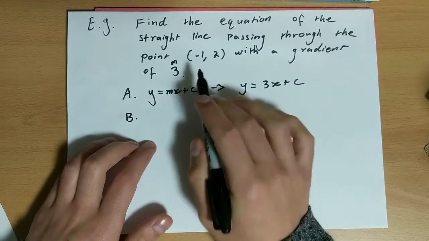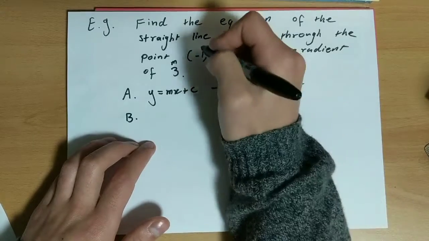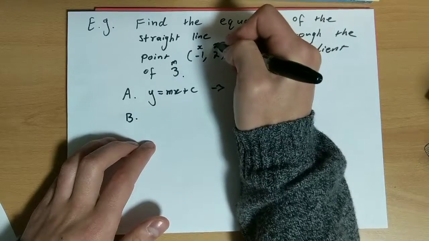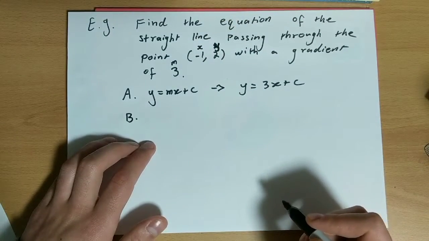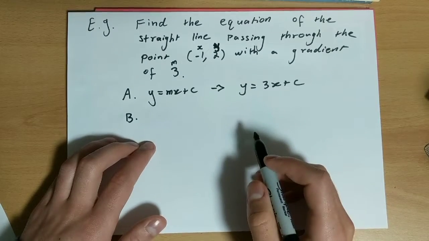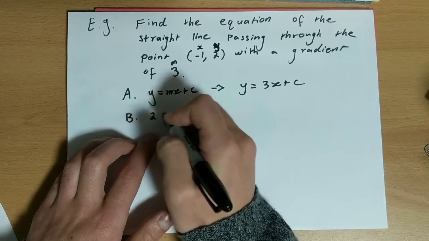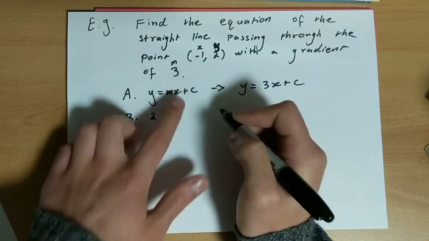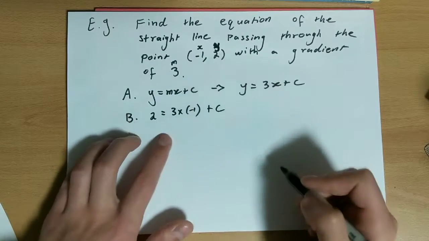Now I want to substitute my x and y values to help me solve for c. So it gives me a point, negative 1, 2. So that's my x value, that's my y value. Let's substitute those in. So instead of y, I'm going to write a 2 equals, m was 3, x is negative 1, plus c.